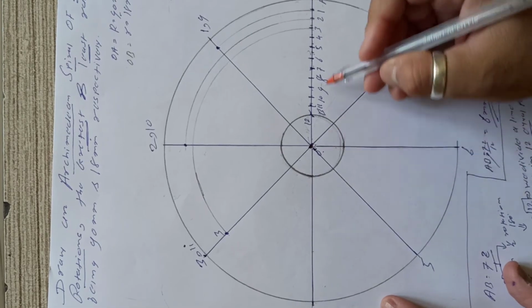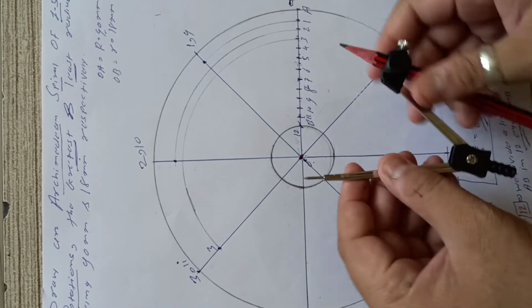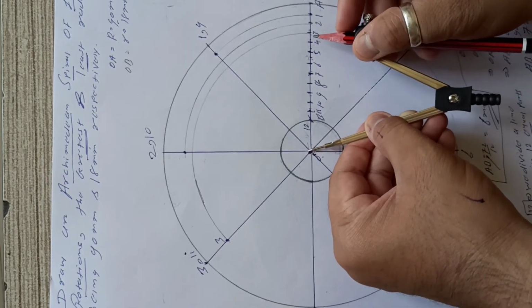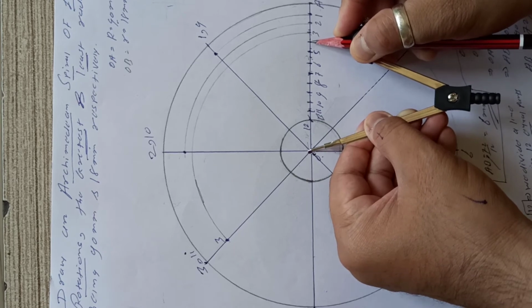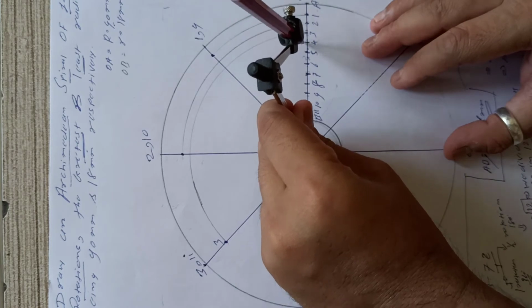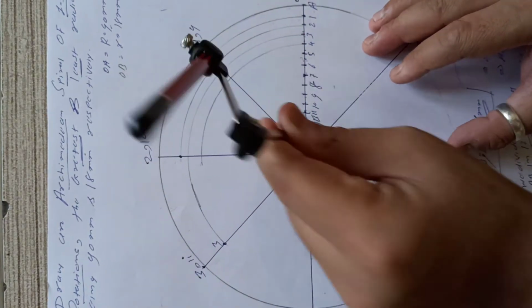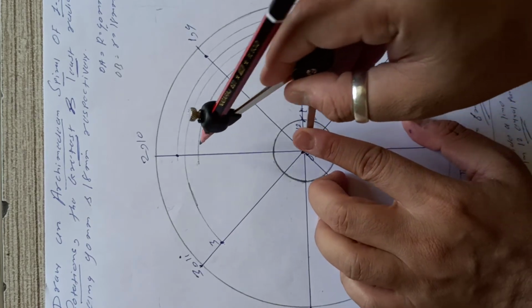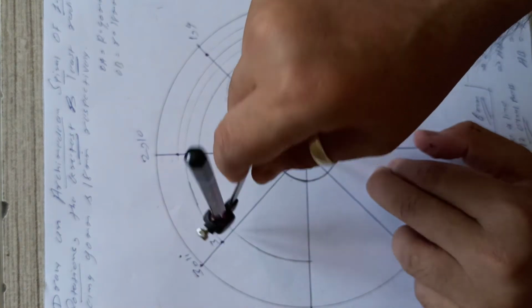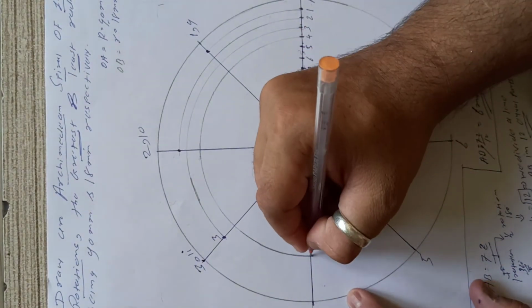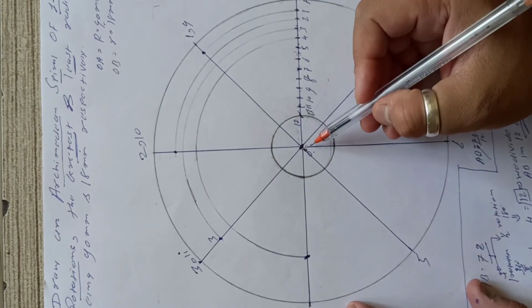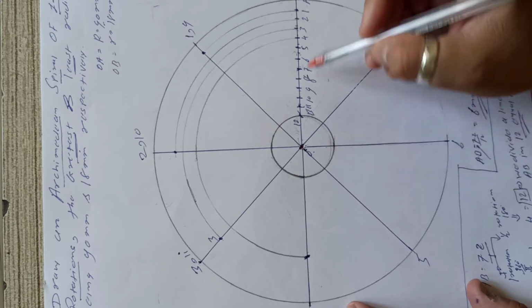Now O center, radius O-4. Now O center, radius O-5.